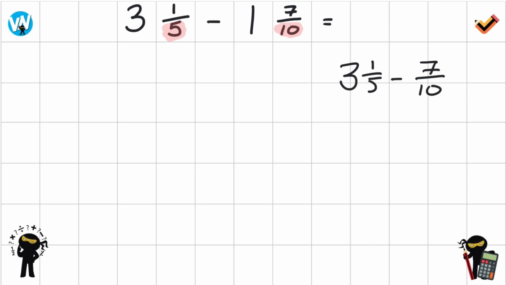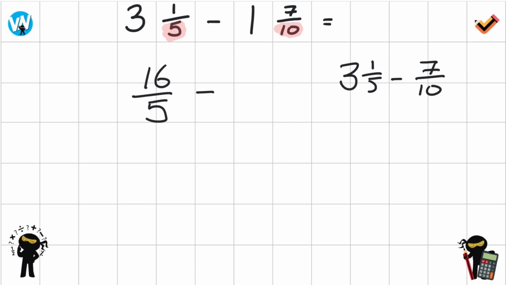But in order to convert, we take the denominator and multiply it by the whole number, and then we add the numerator. So for this fraction, we would do 5 times 3 is 15, add 1 is 16. So this fraction, 3 1/5, is actually 16 over 5, okay?